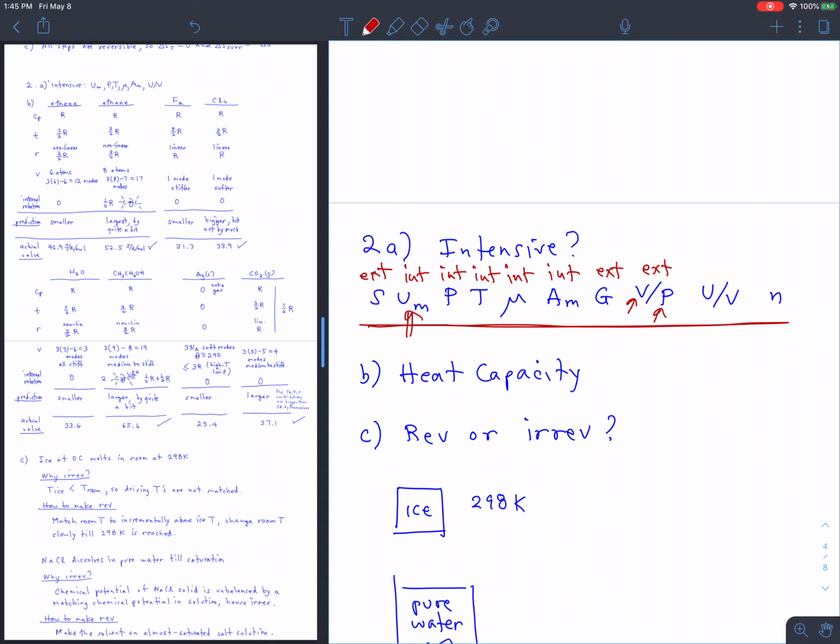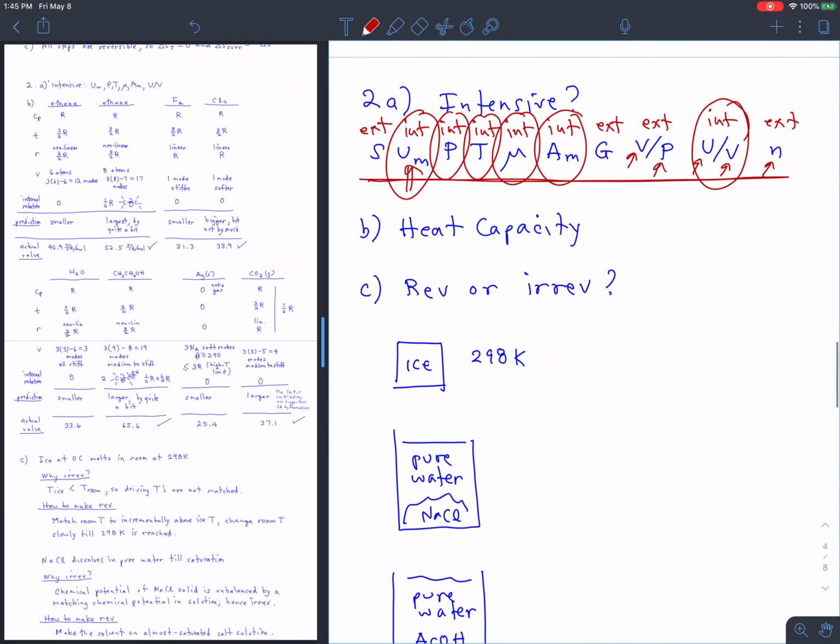So even though that's a ratio, it's not intensive. But an extensive quantity divided by another extensive quantity is intensive. So that's intensive, and of course moles is extensive. So most of them are intensive, in fact. All of those.